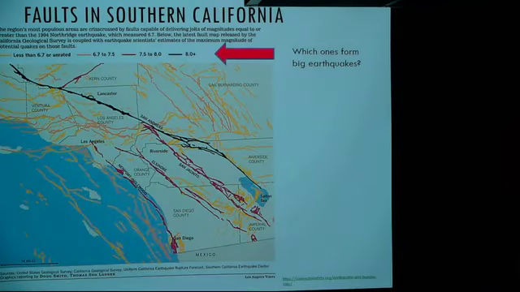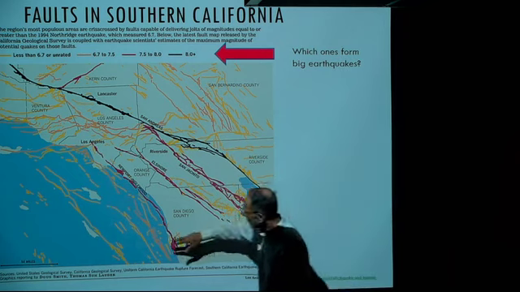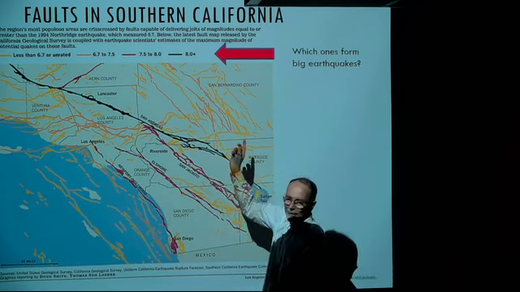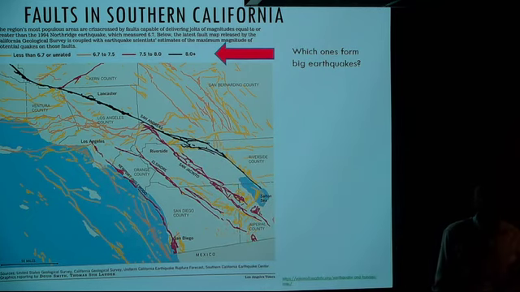Okay, faults in Southern California. Here's what I was looking for. What they've done is they've color-coded these based on their length and their history. They're saying, we think we can predict grossly how big of a Richter magnitude earthquake can be associated with those faults. So on the black one, they're saying maybe an 8 on the San Andreas Fault.